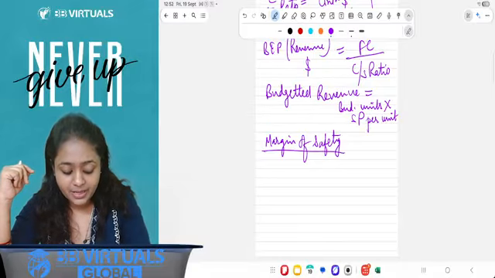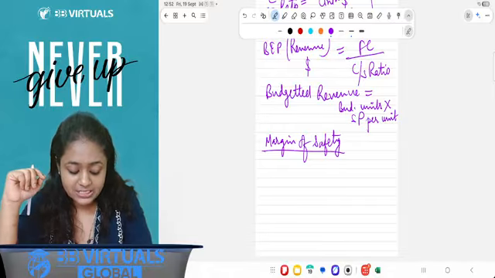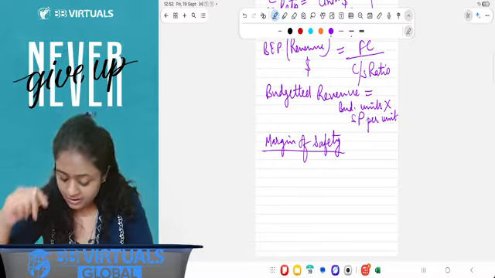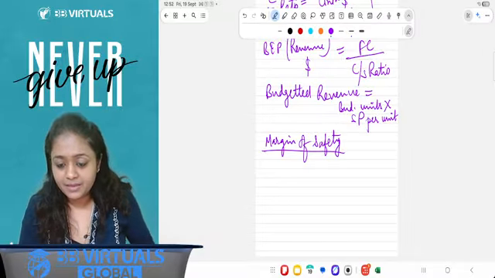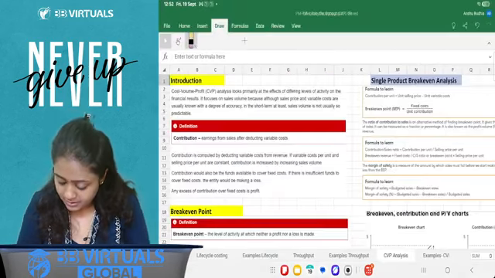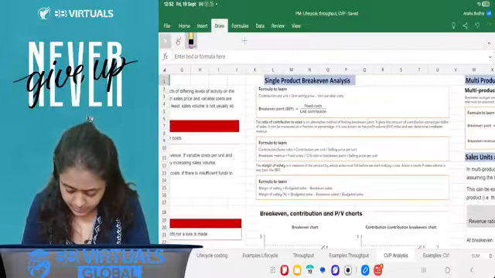So what is the formula for margin of safety? Let's look here.